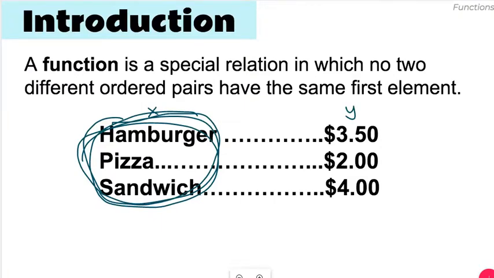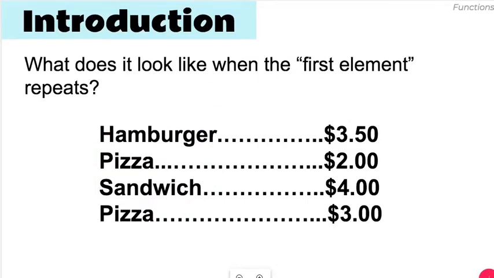Here's an example of something that's not a function. Let's look at this menu. What does it look like when the first element repeats? Okay, so a function is a situation where none of the first pieces of information ever repeat. They're all unique.